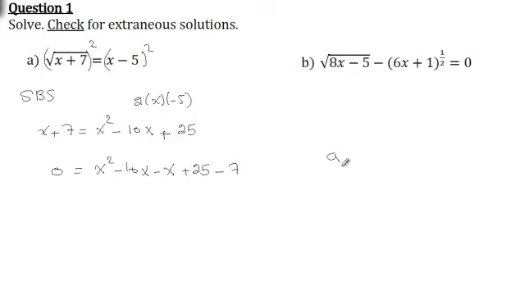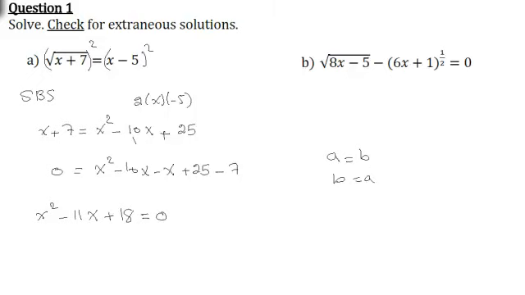Because it's an equation. When a equals b, then b equals a. That's obvious. Now we write x squared minus 10x minus x, which is minus 11x, plus 25 minus 7 is plus 18 equals 0.